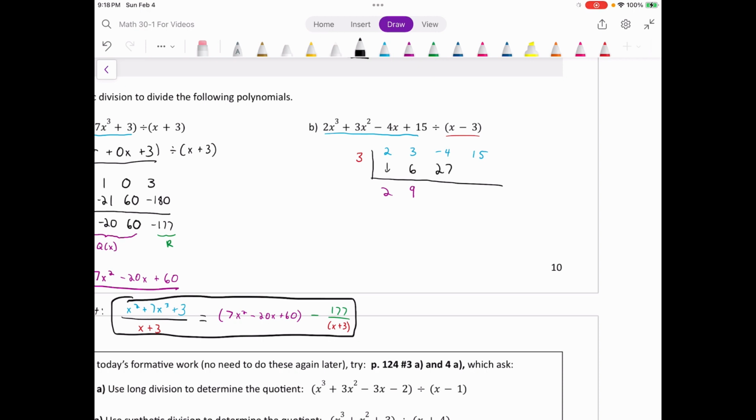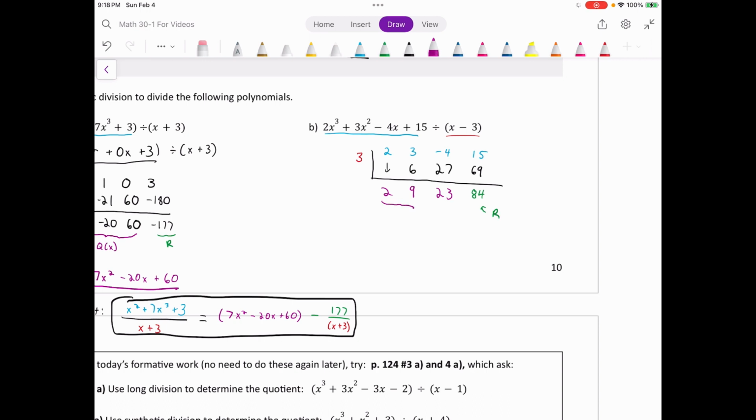Negative 4 plus 27 is 23. Multiply 3 by 23 to get 69. And almost done. Add them up. 15 plus 69 is 84. And so we're done. That must be our remainder. Okay, so our remainder is 84.